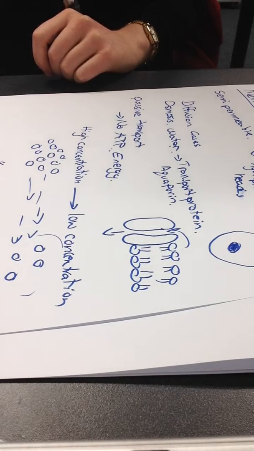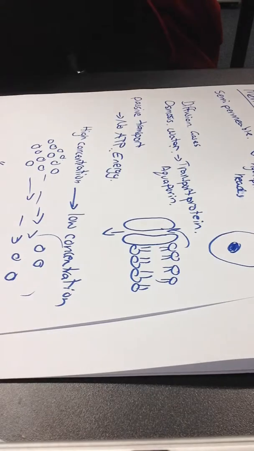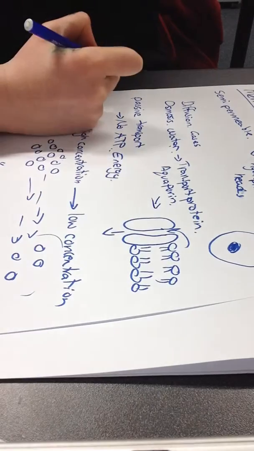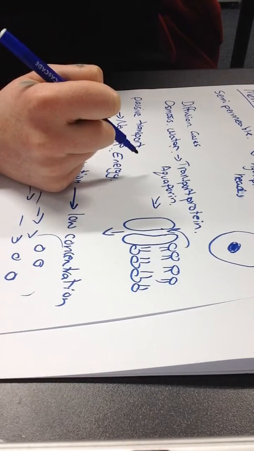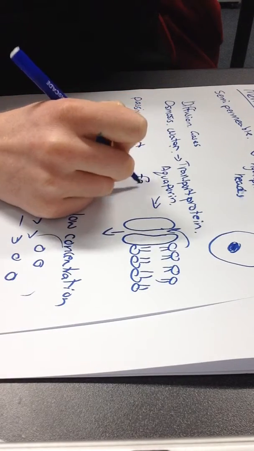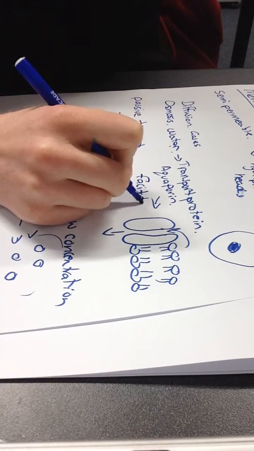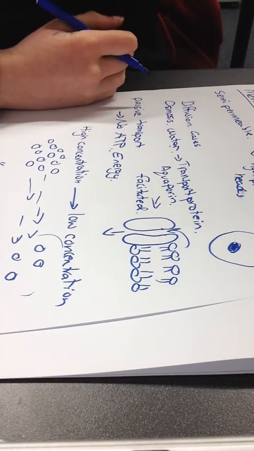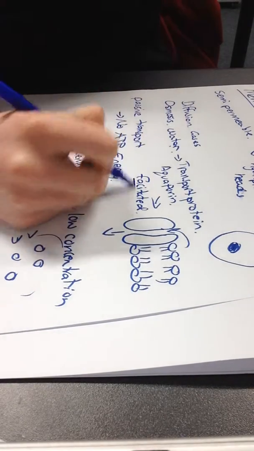Another thing I didn't mention: with these aquaporins, it's still diffusion, but because it's being helped by this protein, we call it facilitated diffusion, or facilitated osmosis. That just means that it's being helped.